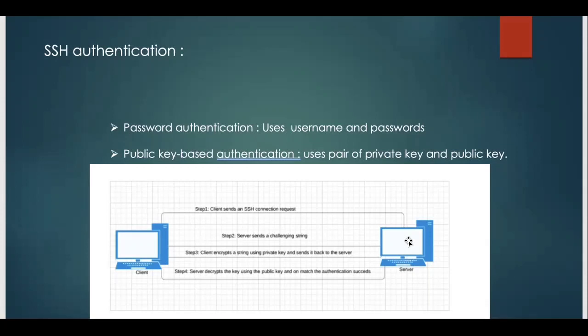Once the decrypted content and the challenge string both match, authentication is successful. Next we'll see how this happens in real time, and we'll also see how the public key and private key pairs are generated.